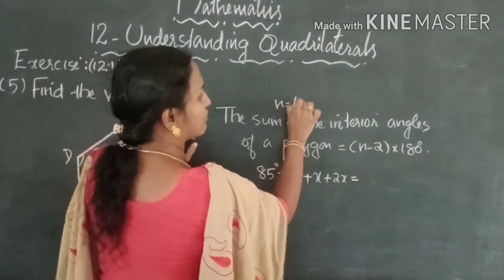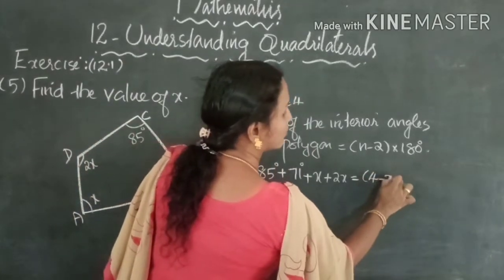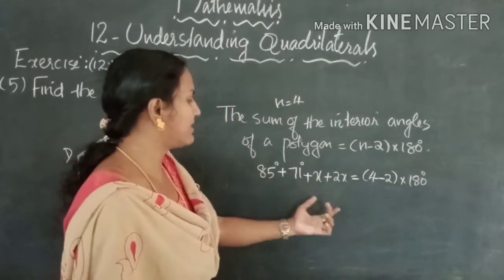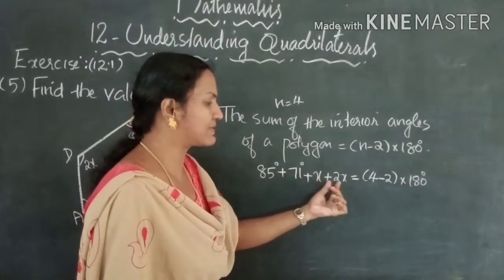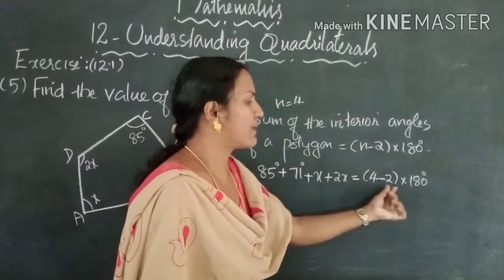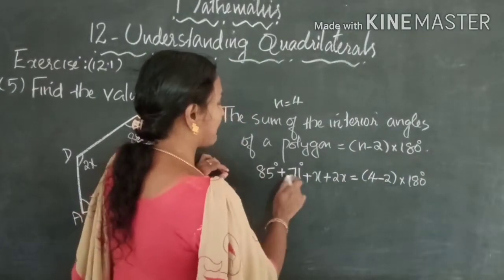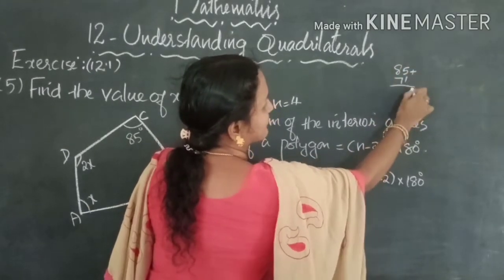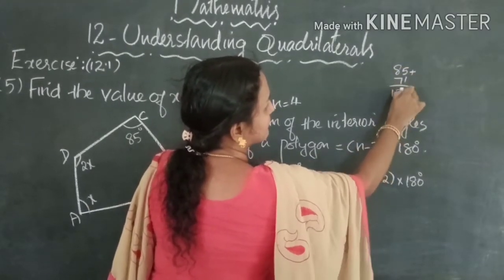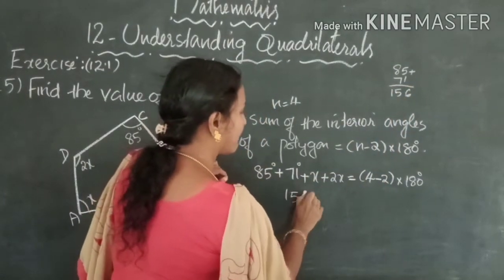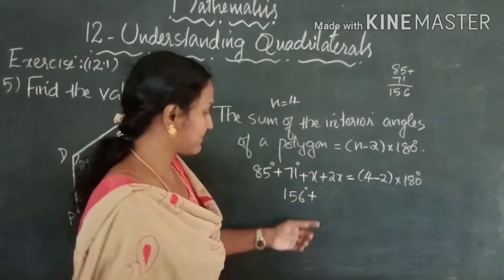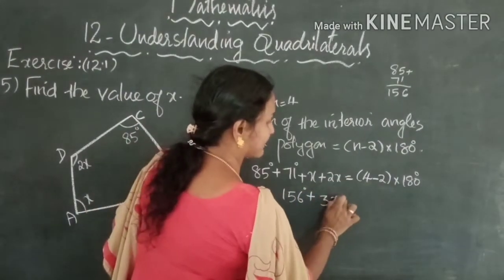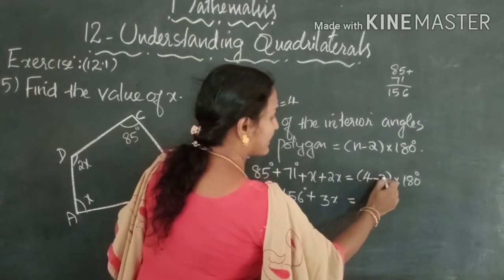So 4 minus 2 into 180. 85 plus 71, that is 156 degree, plus x plus 2x, 3x.